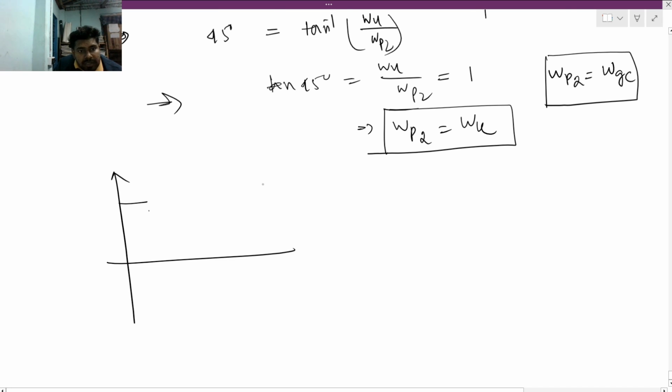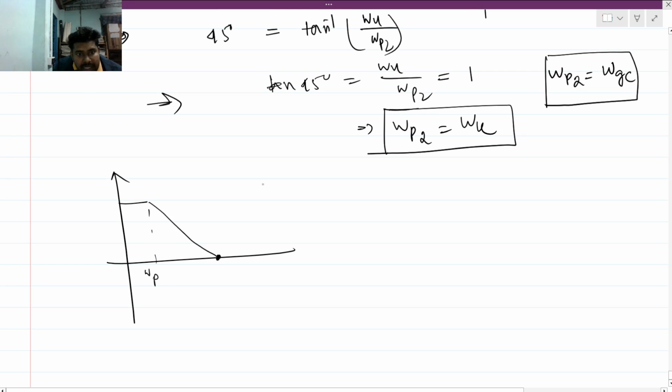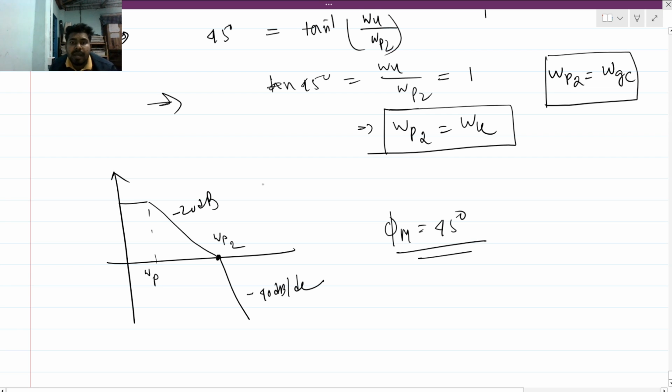This is our first pole, very near to the 0 frequency, omega p1, and here at this point we have omega p2, and from here the slope is minus 40 dB per decade, while before it is minus 20 dB per decade, so that we can get a phase margin of 45 degrees. This is how we can approach the question.